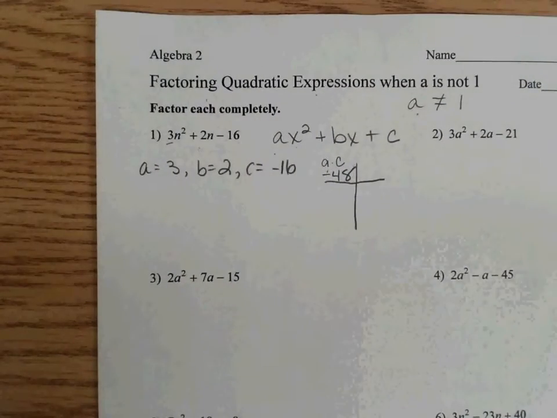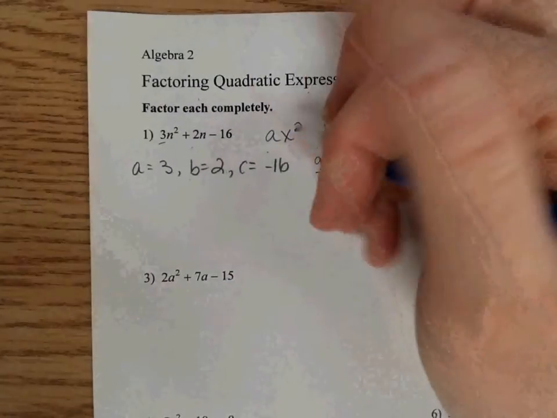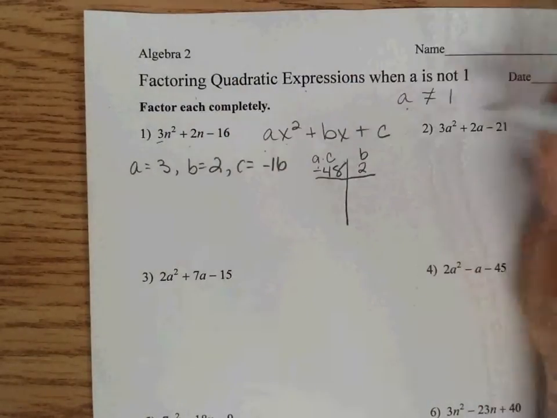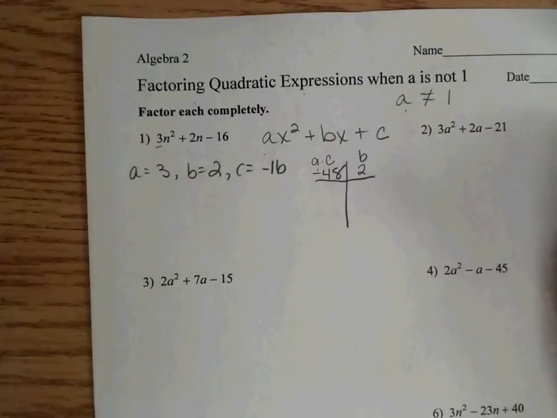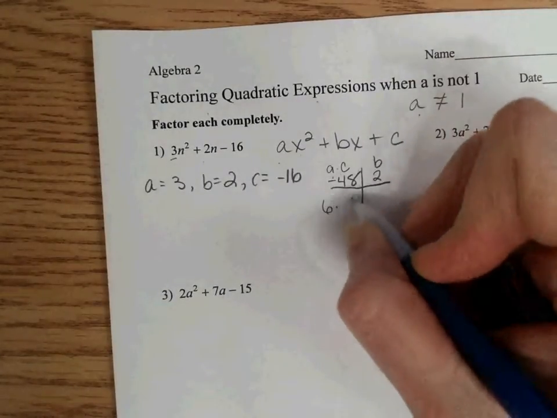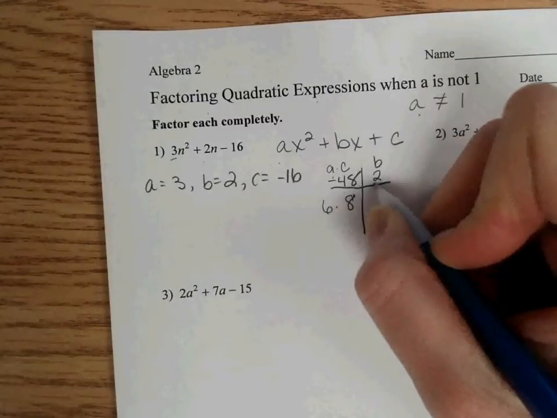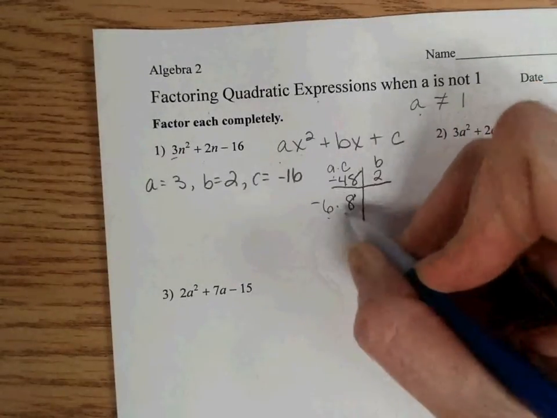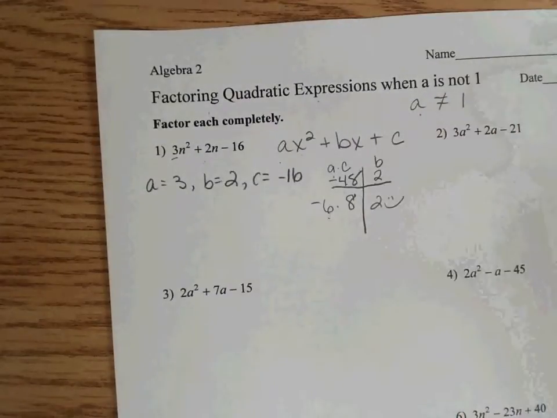And then we just put our b value here in the second column. So two numbers that multiply to get -48: 6 times 8 comes to mind first. Since they add together to get a positive and multiply to get a negative, I know the smaller of the two would be negative, and that works out.